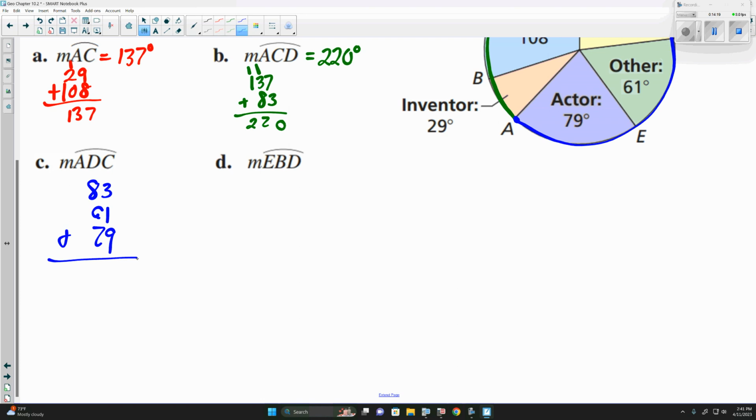It is 10, which just leaves us with 3. Then we can add these together. They don't really add in a nice way. 8 and 1 is 9, 6 would make 15, and then we'd have 22. We have 223 degrees.